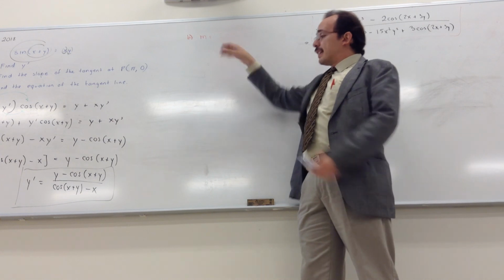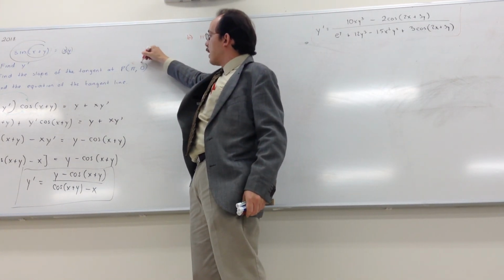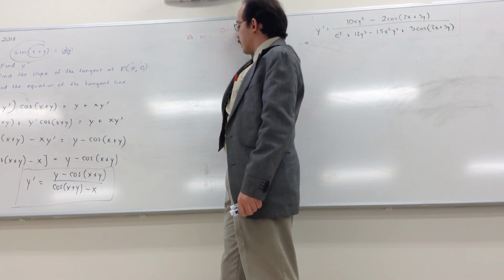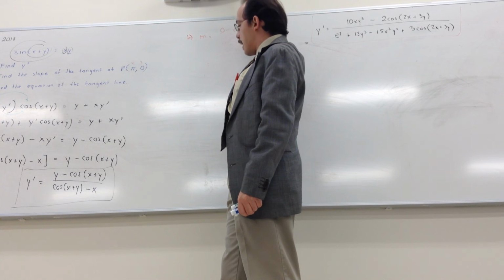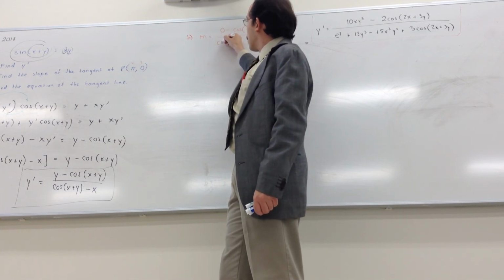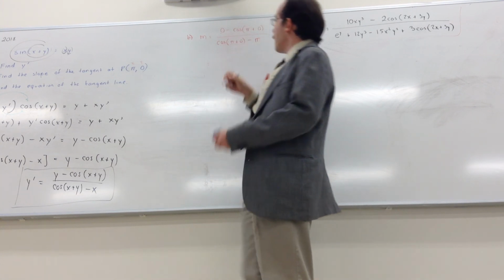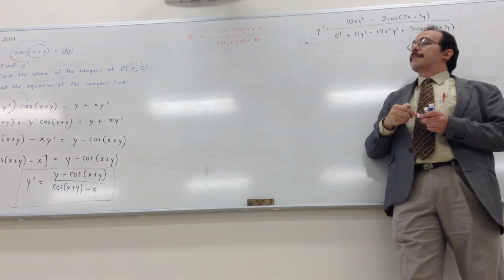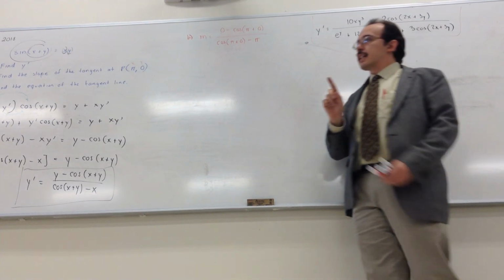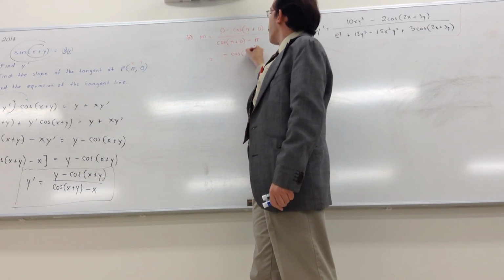Okay, find the slope. You have the point. X is pi, y is 0. So it will be 0 minus cosine of pi plus 0 over cosine of pi plus 0 minus pi. Okay. Without the calculator, what will be the cosine of pi?